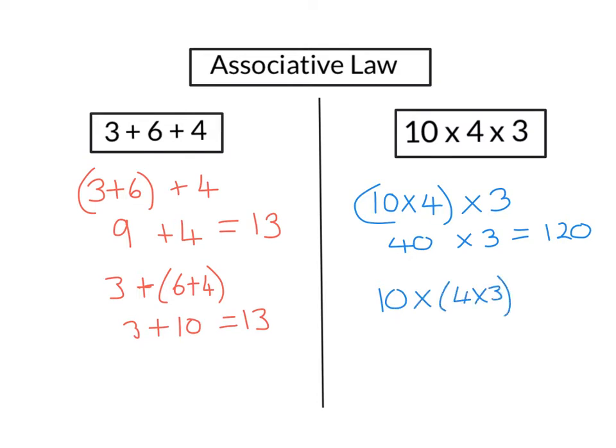And this is going to be the easy one, because 4 times 3 is 12, and then times by 10, well, that's 120. So just because one way you might be finding it a bit difficult, try the other way, because associative law means you'll get the same answer. So multiplication is associative and addition is associative.